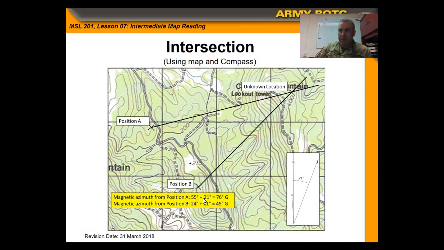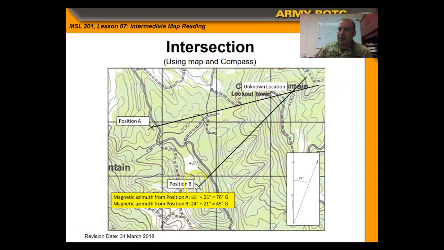Now again, you have to compensate for that declination conversion. In this case, you add 21 degrees to get your 76 degree grid azimuth. So now you know to draw from your point, point A, on a 76 degree grid angle out this way. Okay, so that's just step 1.